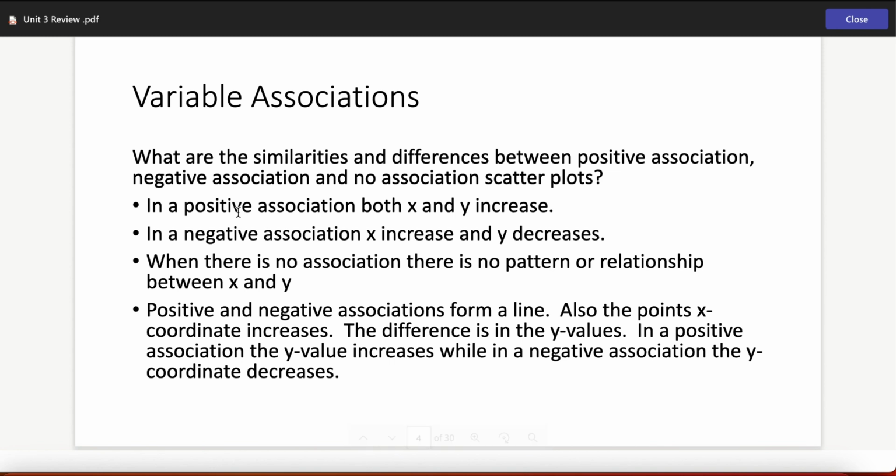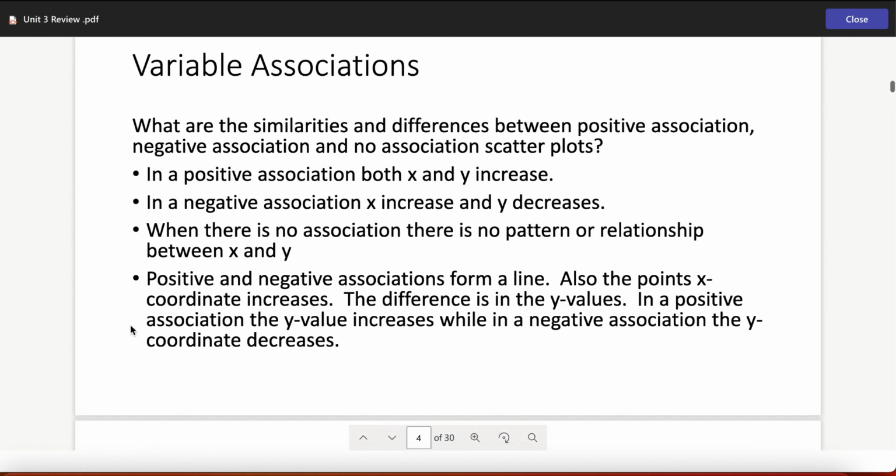But the opposite would be in a negative association: the x increases and the y decreases. And when there is no association, there is no pattern or relationship between x and y.